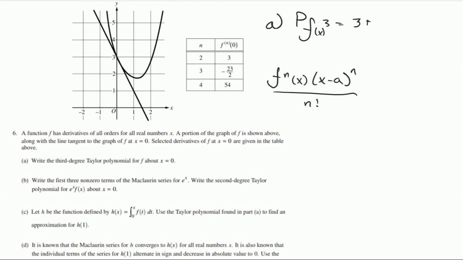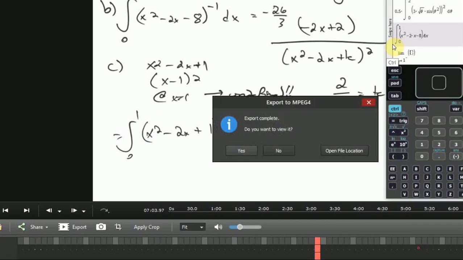So negative 2 times x, because it's x minus 0. We're not going to write the 1 power, and I nearly accidentally wrote 1 factorial.